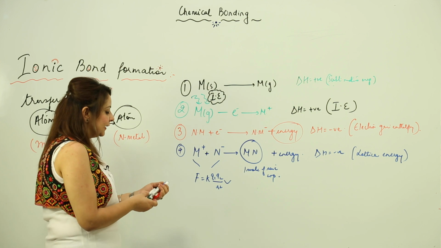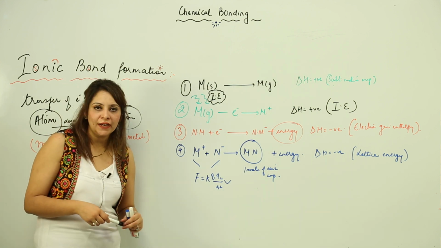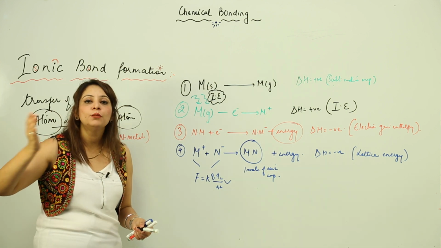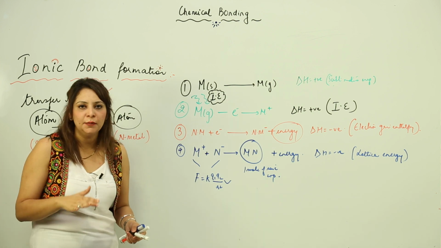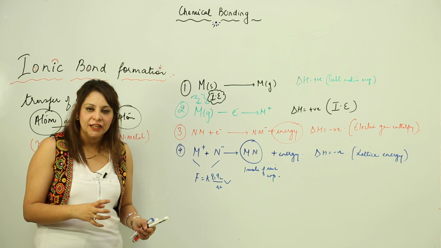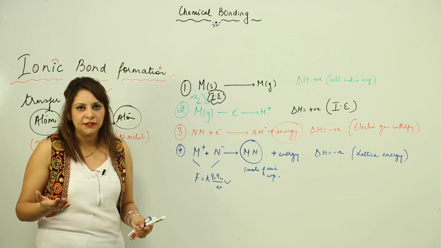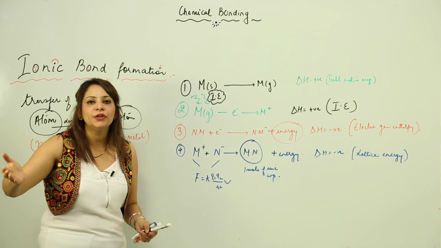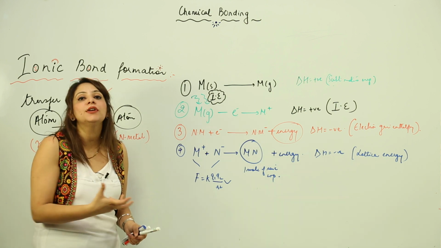And we know that energy is considered a stress factor. The more the energy released, the more the stability. That means when a molecule possesses less energy, it has more stability. Or you can say, the more energy released, the more stable the compound is going to be.